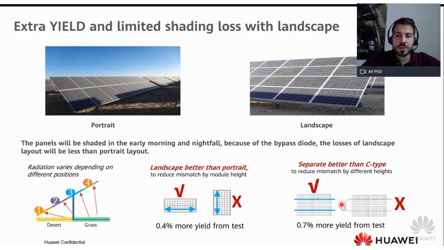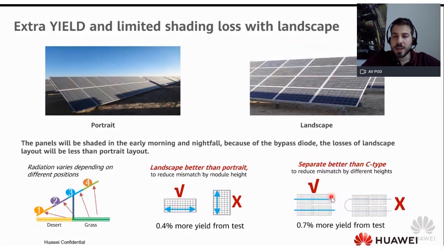It can also reduce the mismatch because usually there is higher temperature on the neck closer to the ground, and the wind speed is higher here, and due to this fact, the temperature of the panel is lower at the highest position.